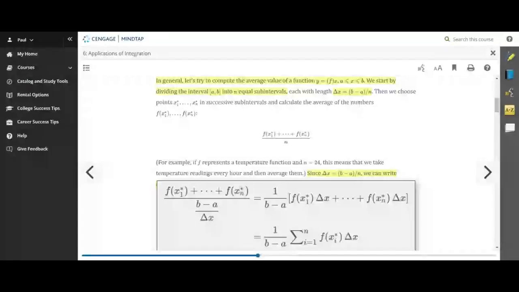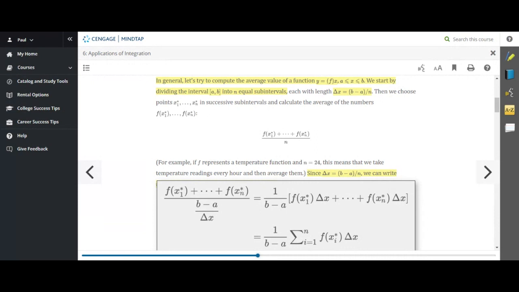Okay, let's get back to the book here. They're taking the average value of the function and replacing the n with b minus a over delta x. Then you can write that by multiplying by delta x in the numerator and denominator. You get 1 over b minus a.